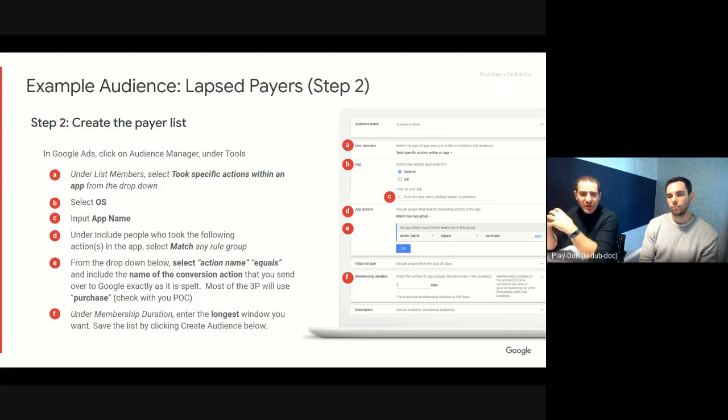They must be matched to the rule group that we chose. Like in section E, you will choose the match type, and of course we need to put the rule, and here again the membership duration. In case we are doing a combination list, it's better for the duration to be pretty much the same between the two lists.